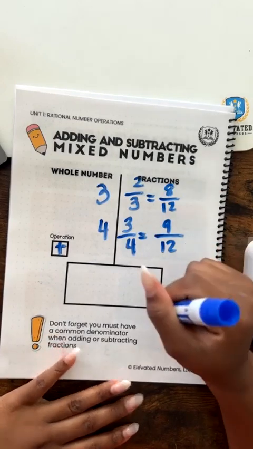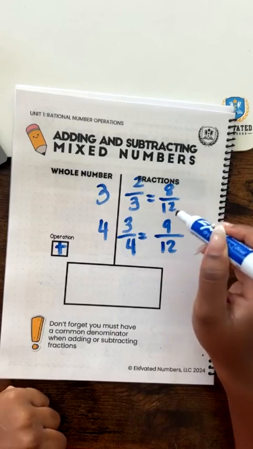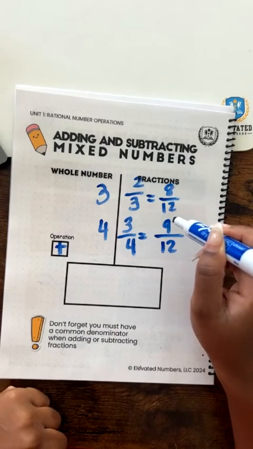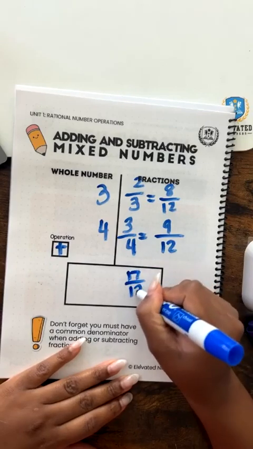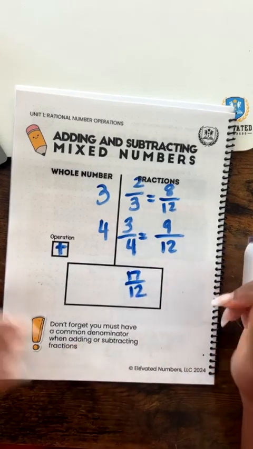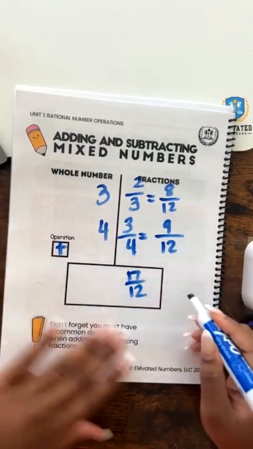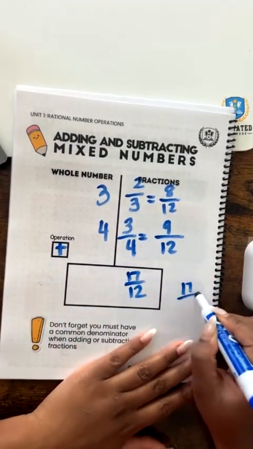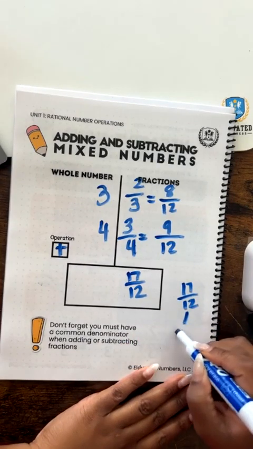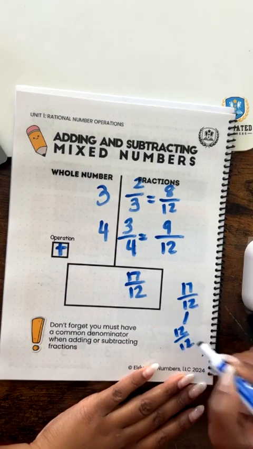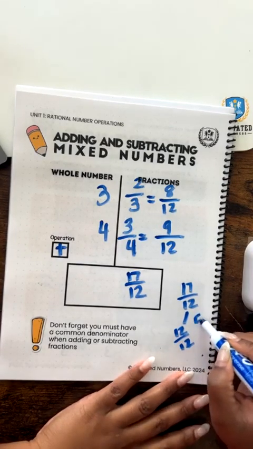All right, so again, we are adding here. So 8 plus 9 is going to give you 17 twelfths. Again, I can already tell that's an improper fraction. So something I can do off to the side, I can say 17 twelfths is actually equal to 12 twelfths and 5 twelfths, right?